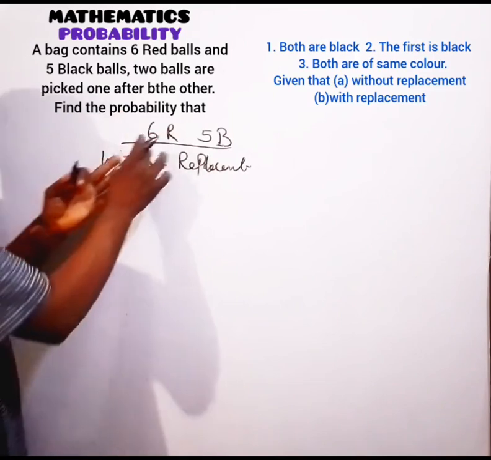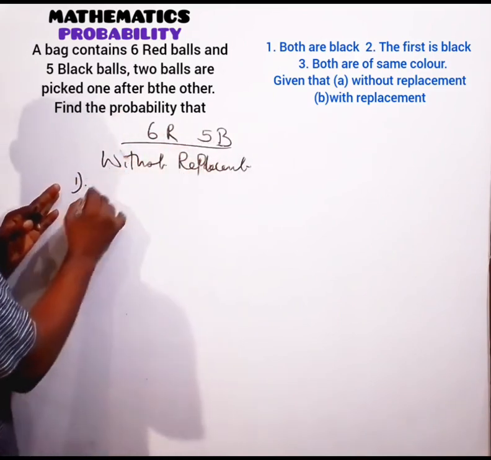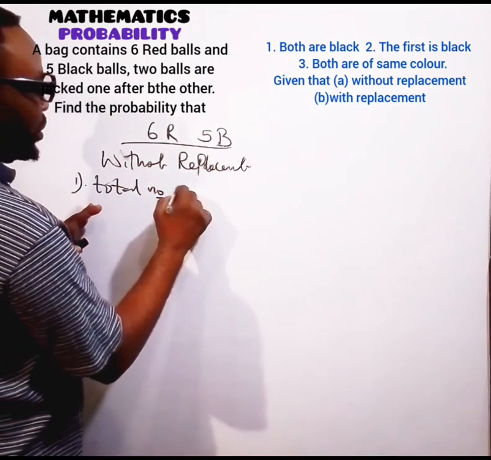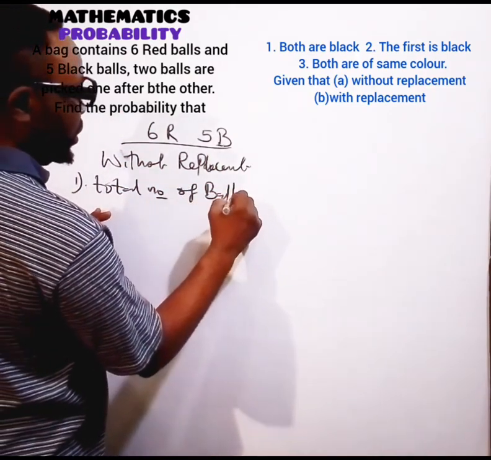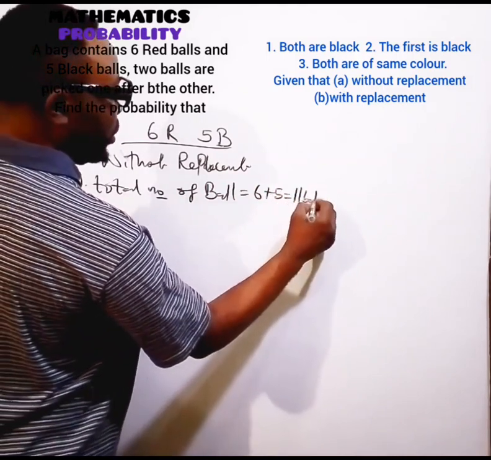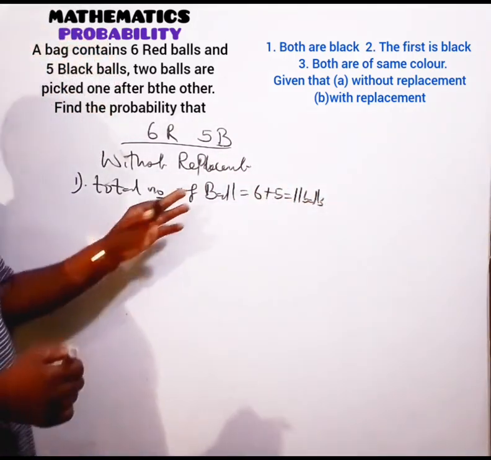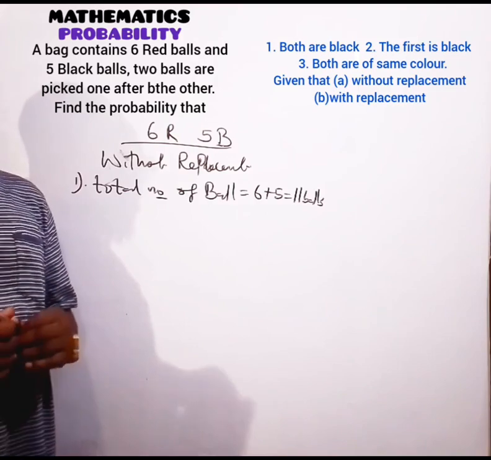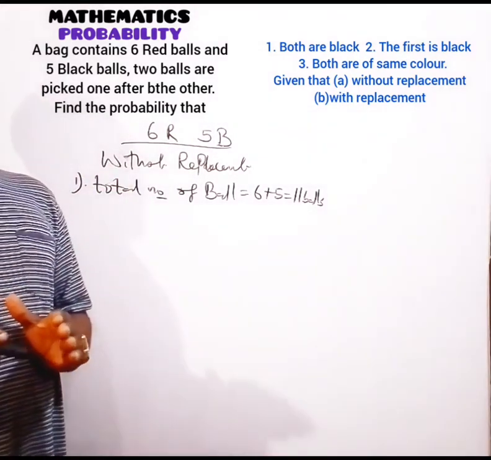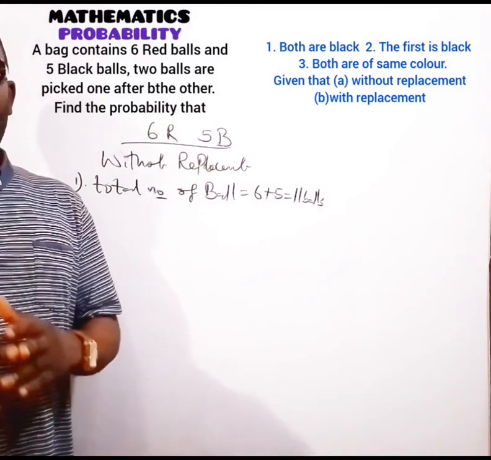Now, from here, we can see that the total number of balls is 6 plus 5, which is 11 balls. We are having 11 balls inside the bag. Now, when we have 11 balls inside the bag, they say both balls are black.